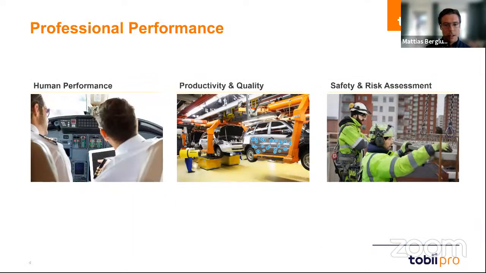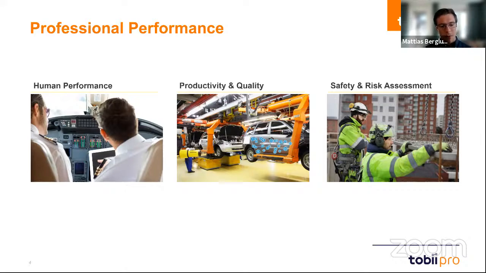In the professional performance segment, we also have three sub-segments that we target. First is human performance, which is about improving individual and team performance by understanding human behavior. It can be pilots flying a plane, or driving cars, or all kinds of different tasks where the performance is important for the outcome.